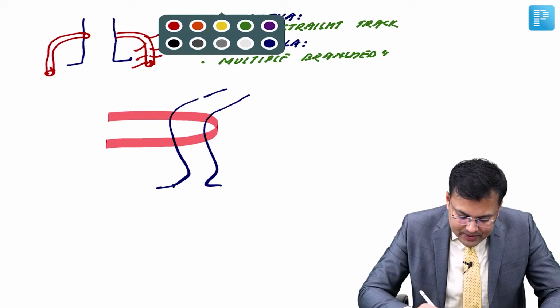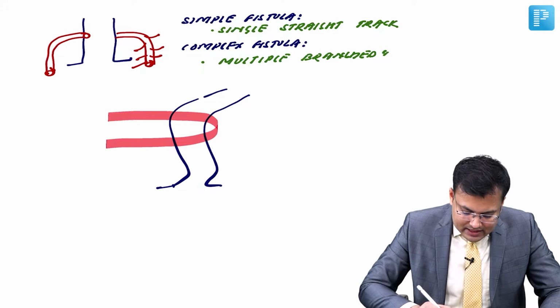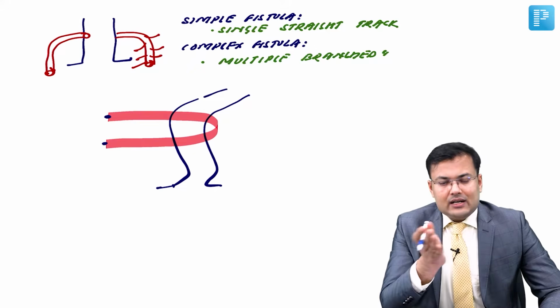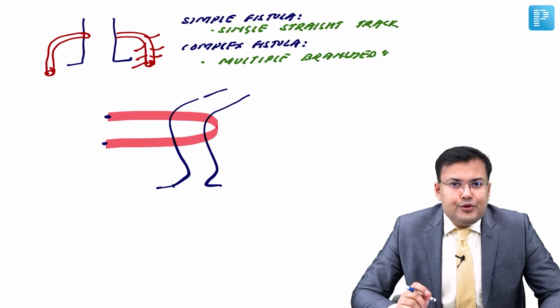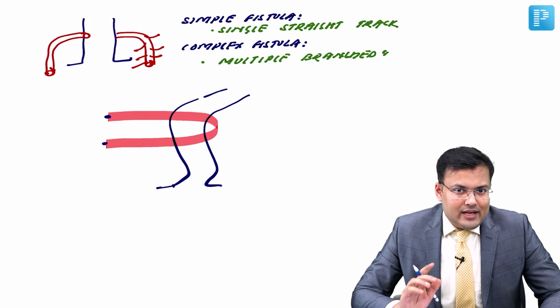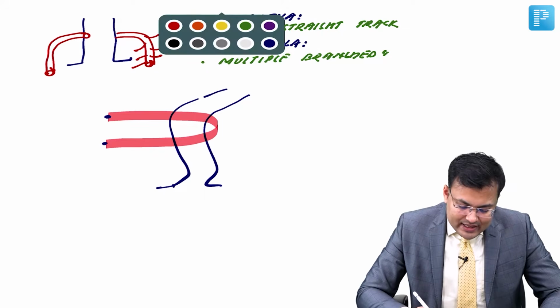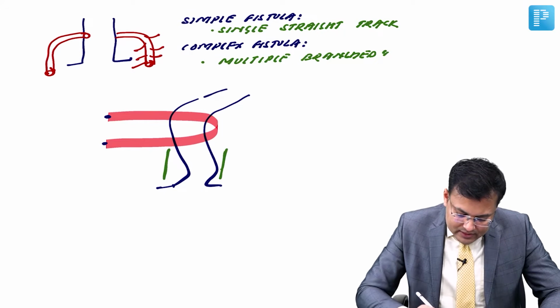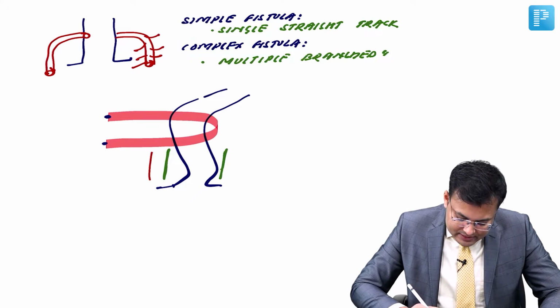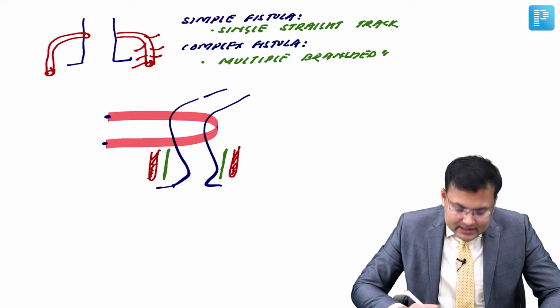This muscle is attached to pubis and forms a sling around anorectal angle. So this is puborectalis. The second component is internal anal sphincter, and the third component is external anal sphincter.